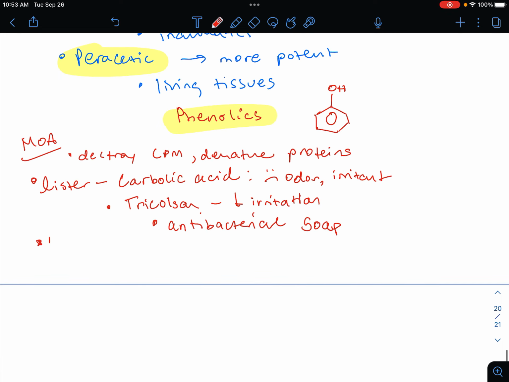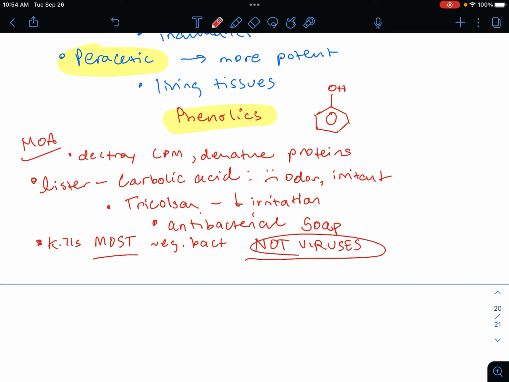This kills most, again being the key word, vegetative bacteria. It doesn't work on viruses. So this would be a disinfectant, not a sterilant. It remains effective even when there are other detergents and contaminants.